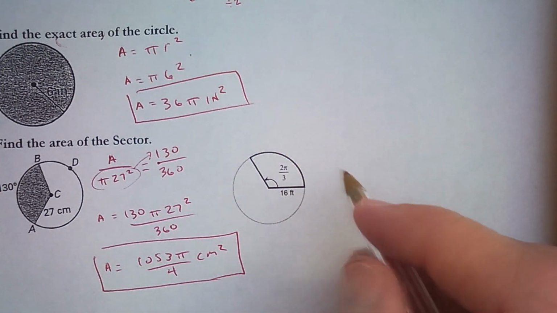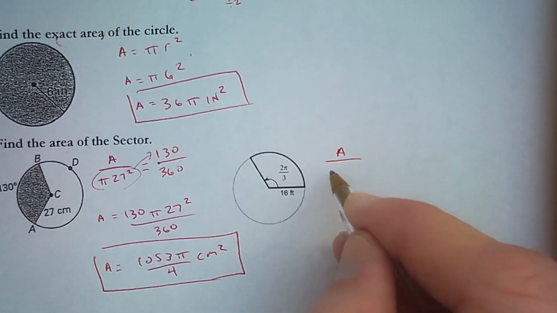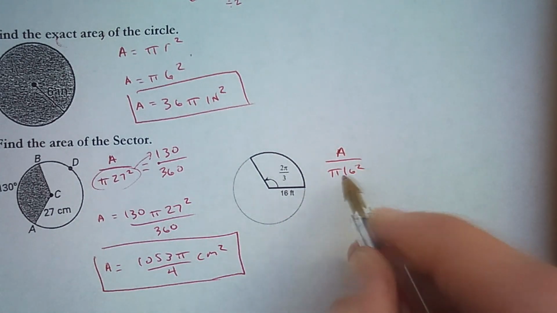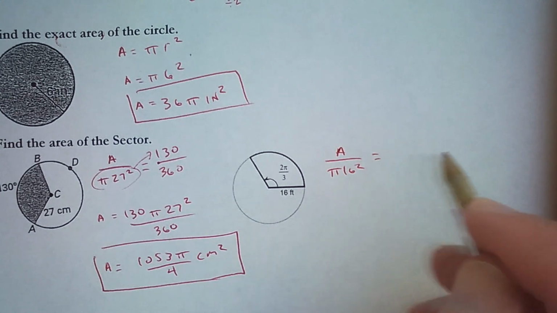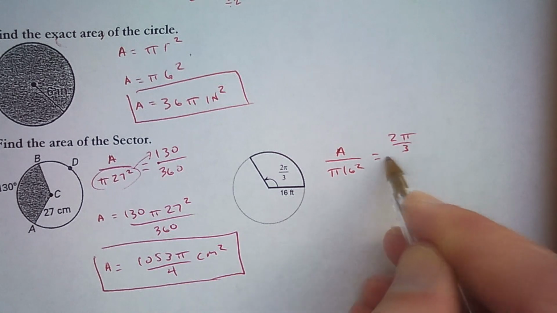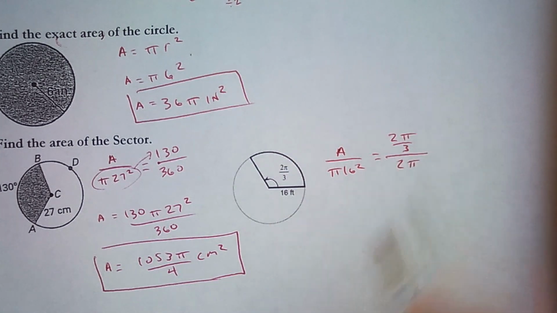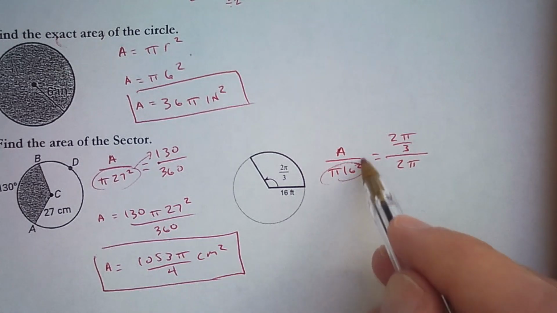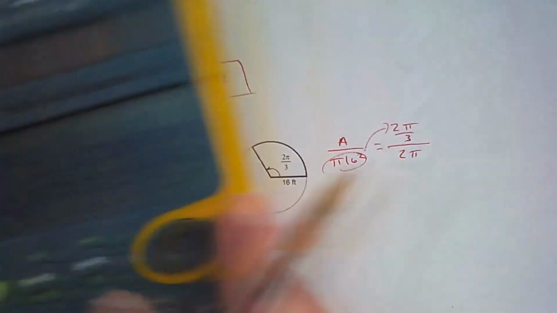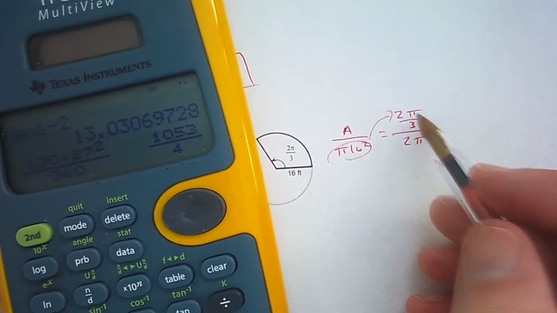Okay, then the area of this sector here in radians. So the area is to pi 16 squared, pi times radius squared, as the number of radians, 2 pi over 3, is to the radians all the way around the circle, which is 2 pi. So multiply this across. Okay, so I've got pi times pi, that's pi squared.